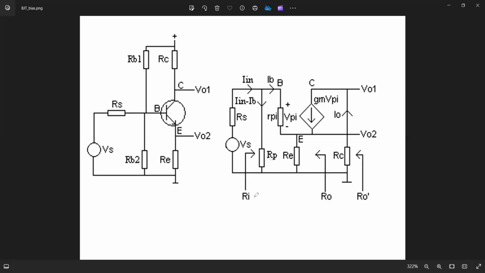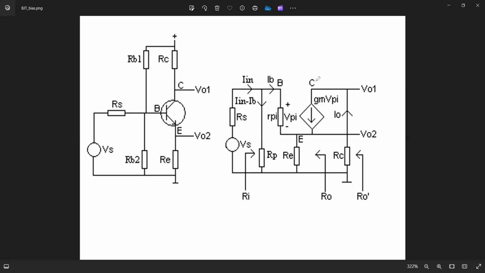Now, if you look from the input side into the circuit, you get the input resistance of the circuit. If you look from the output side into the circuit, you get an output resistance of the circuit RO. And if you look at the circuit from the RC side, you get RO dash, which is again the output resistance of the circuit.